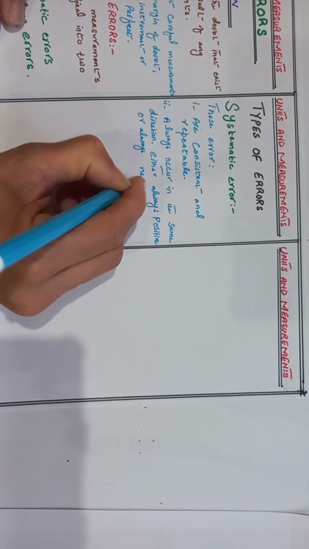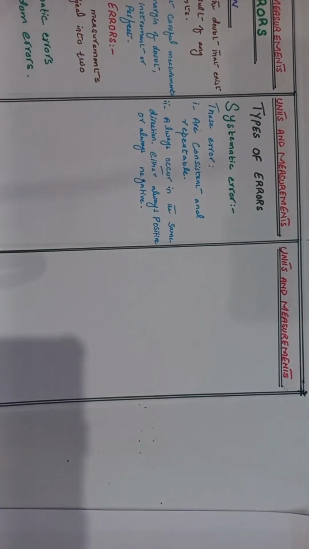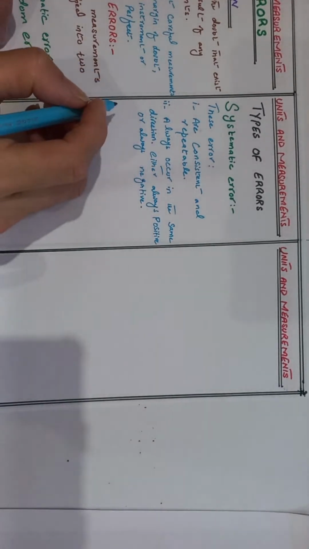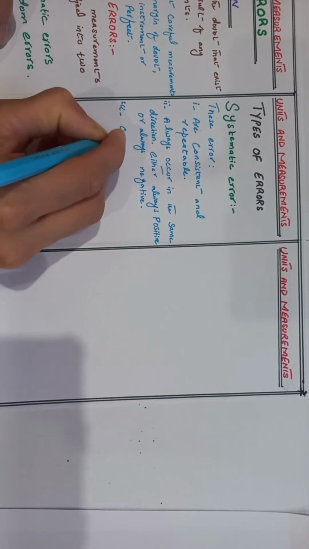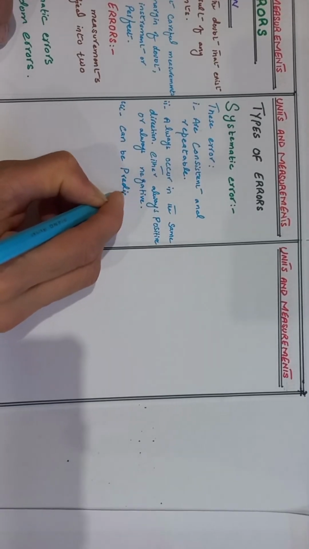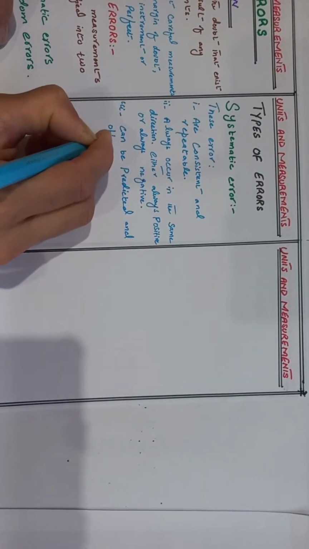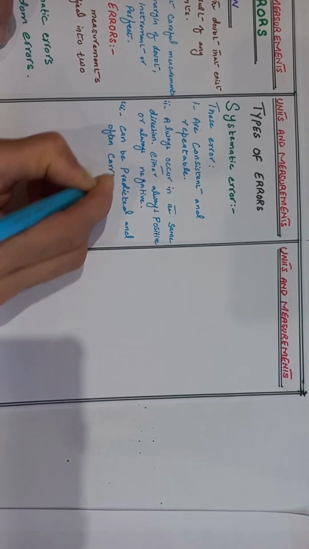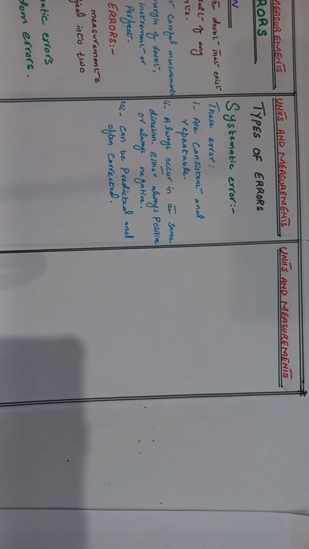This error can be a positive value and can be a negative value, but its direction is the same. And third point we write, can be predicted and often corrected. Okay, now we discuss the sources of the systematic error.